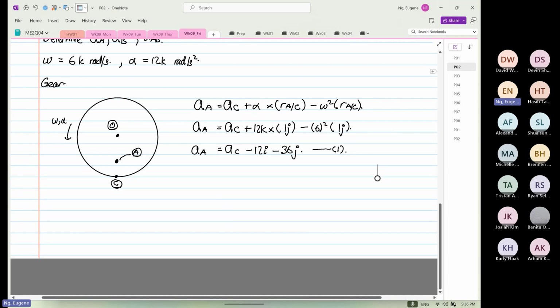I don't know what is happening at point C. I'm very hesitant for now to assume that acceleration at point C is equal to 0. Okay, I'm very hesitant. Anyone?